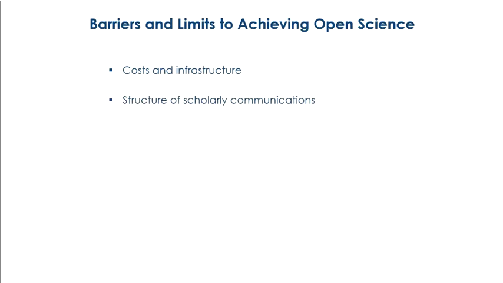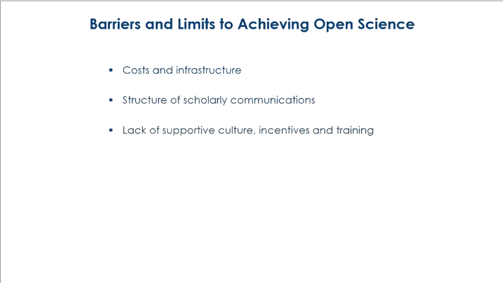The structure of scholarly communications is another barrier. Most publications today are still subscription access only, and so that is a major transition that will come about so that all articles are available.